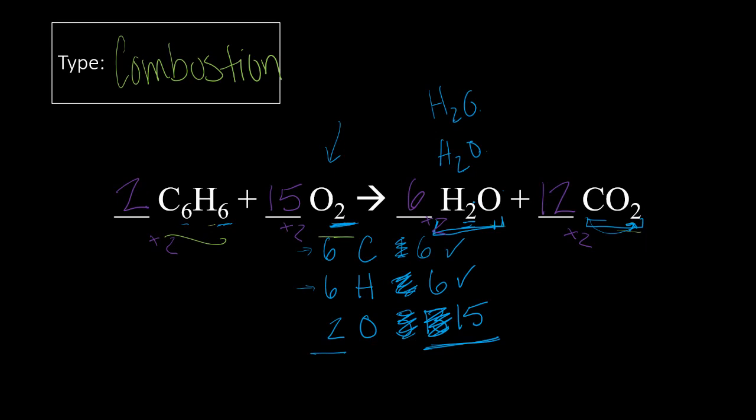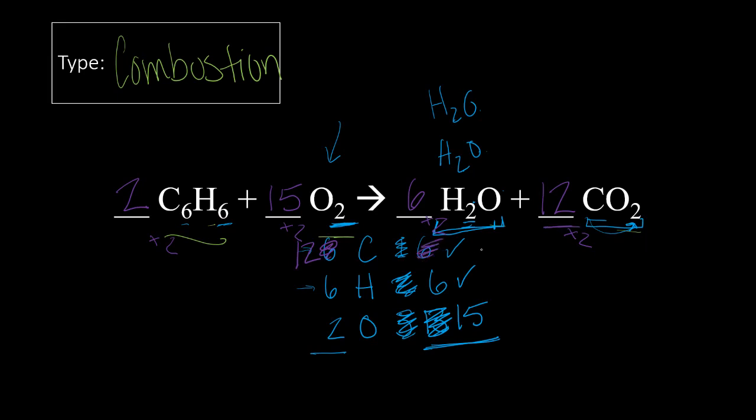Oof, that's a challenging one, but let's double check that we have all of the same number of each atom on both sides. 2 sets of 6 gives me 12 carbons.